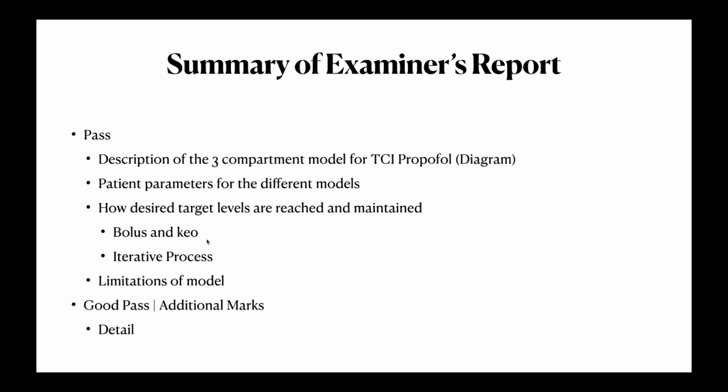That would include the bolus and KEO, and also acknowledge that it's an iterative process, which means it calculates and recalculates the formula multiple times a minute. We also need to add in the limitations of the model. For a good pass or additional marks, it's the level of detail for each of these components. So there's a lot of breadth to cover and also a lot of detail.